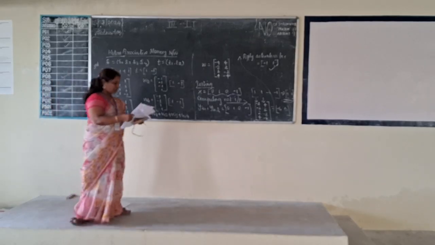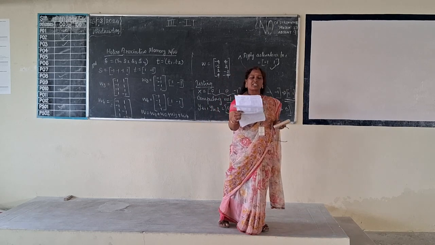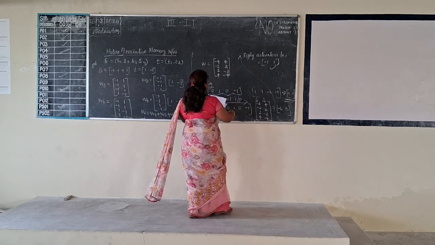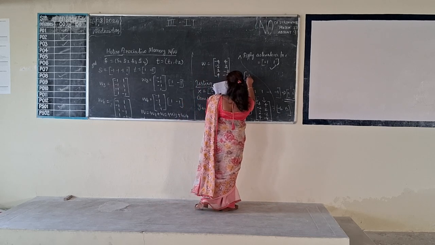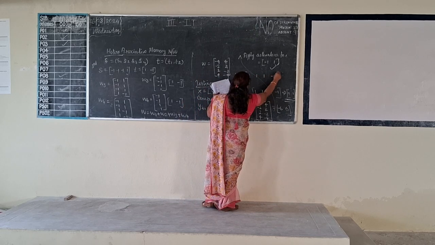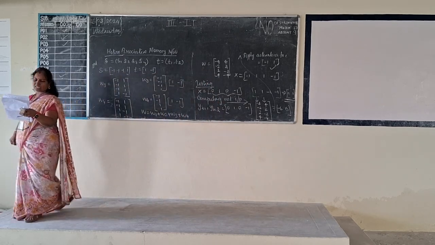Now, take another variation on the input. So I am going to make few more mistakes on it. So now the test vector is going to be x is equal to minus 1, 1, 1, minus 1.